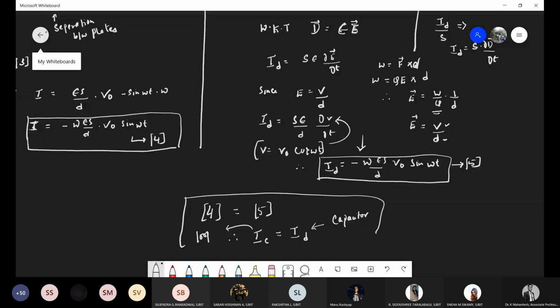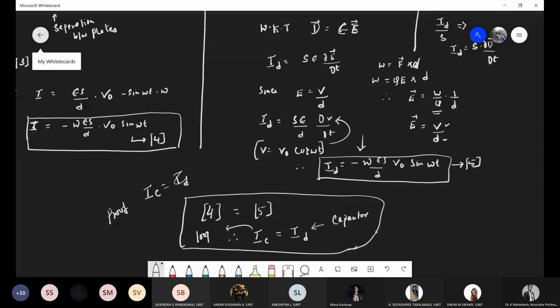Okay, so I hope you've got this derivation, the proof for conduction current is equal to displacement current. In this class, we have derived the equation for the modified circuital law, which happens to be one of Maxwell's four equations, and we also proved that conduction current is equal to the displacement current.